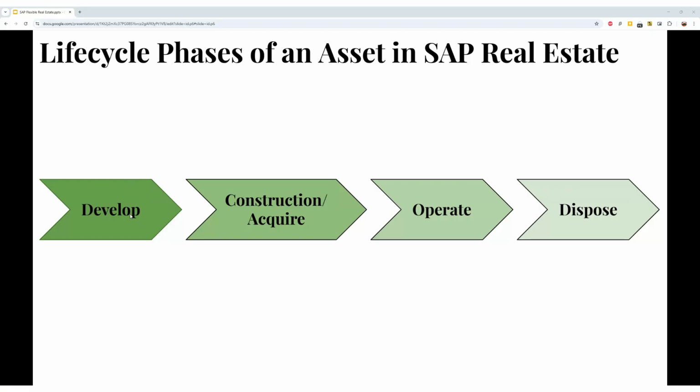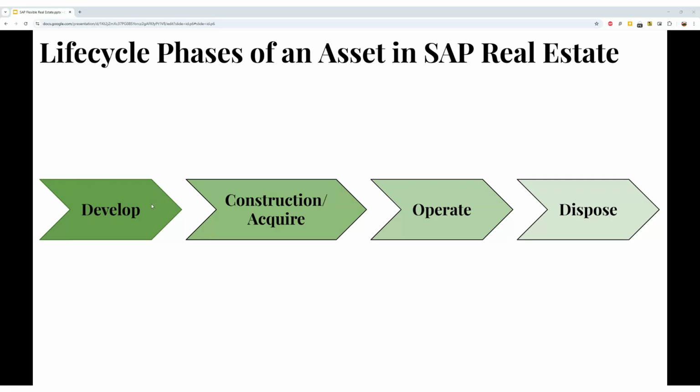Suppose the proposal within a company is to erect a shopping mall. So right now we are in the development phase, the idea or request phase, you can also say that. First, the business will decide the strategic reason for having a mall on a certain piece of land, what benefit it will bring to the company.